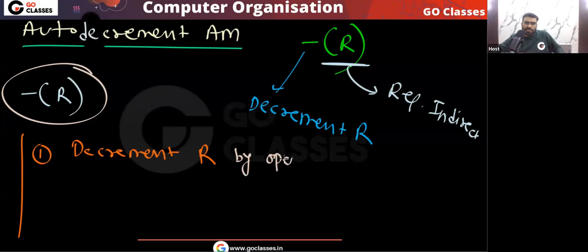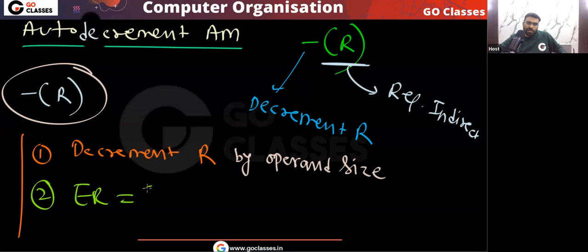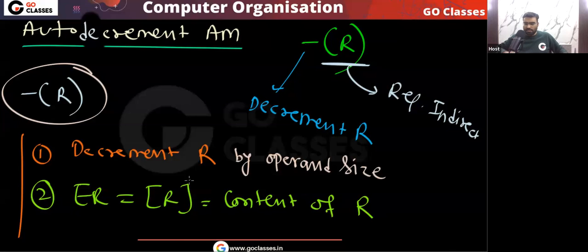By operand size. First you will decrement R, and then the effective address will be the content of R. Is this clear? Please let me know. Did you understand this?